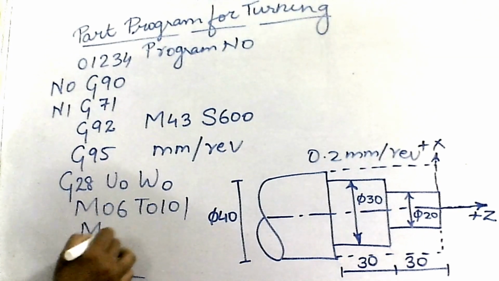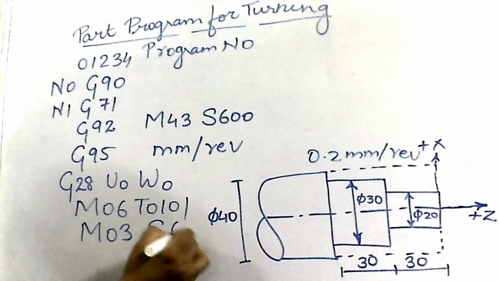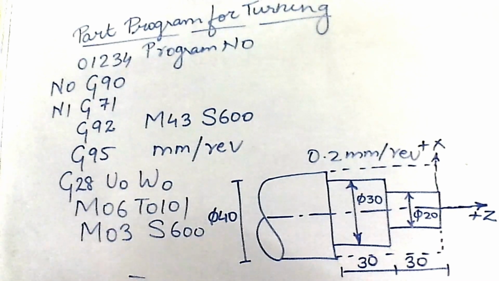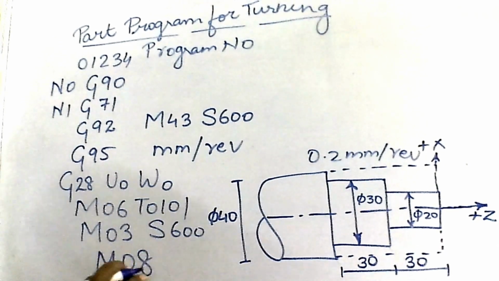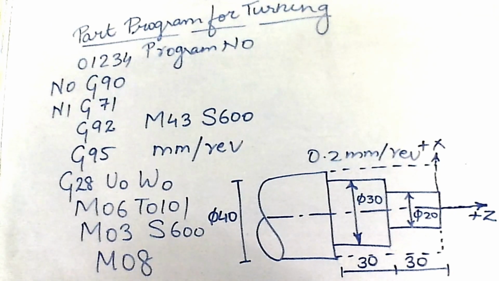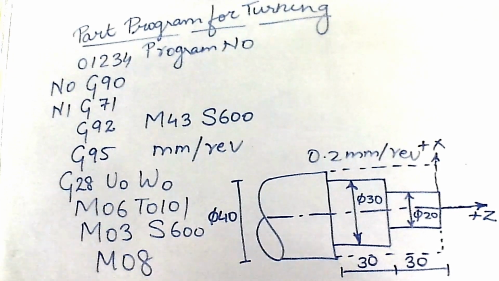After that, I am going to turn on the spindle. So it's M03 along with speed in RPM. And after that, I am going to specify M08 which indicates coolant on. So these are the 8 parameters which are common, and after this we are going to start the actual program format.